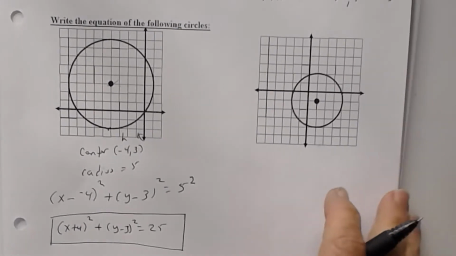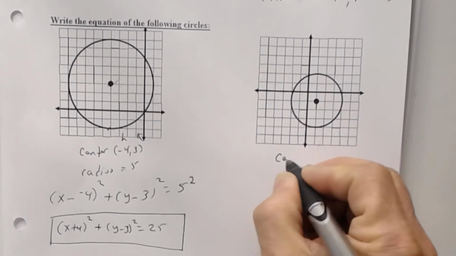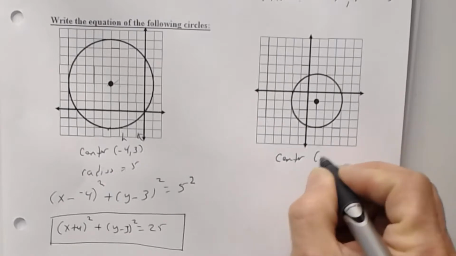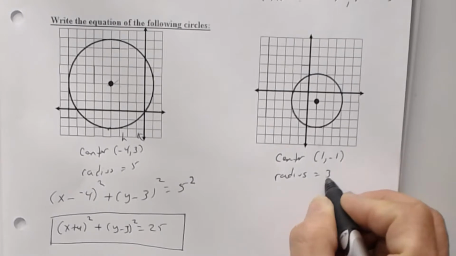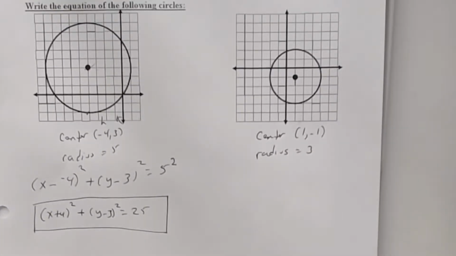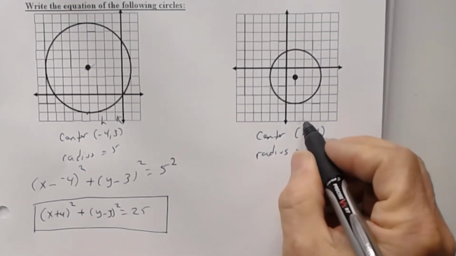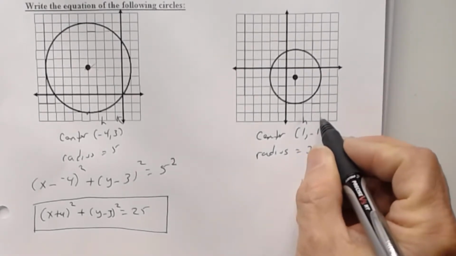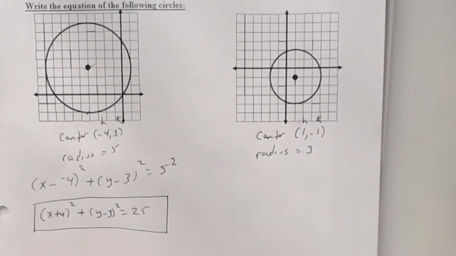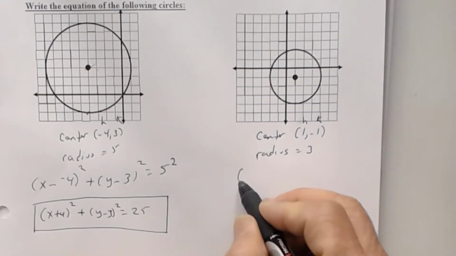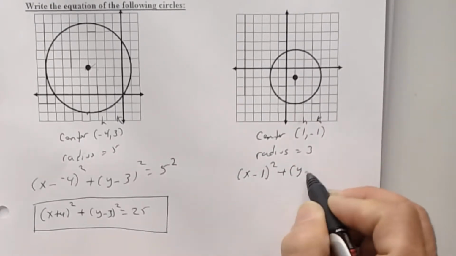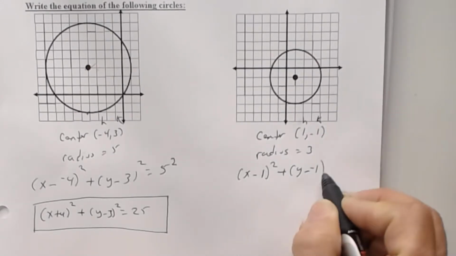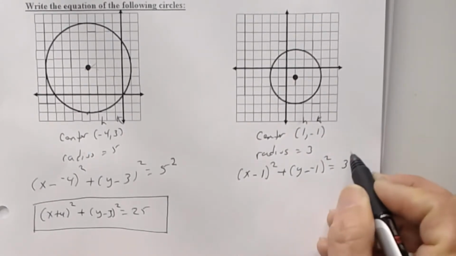Over here, what's your center? 1, -1. What's the radius? 3. All right, so we're just going to plug it back into the formula. Remember, h here is 1, and k, the y coordinate, is -1. So in your mind, you have x minus h, and y minus -1, squared, equals 3 squared.